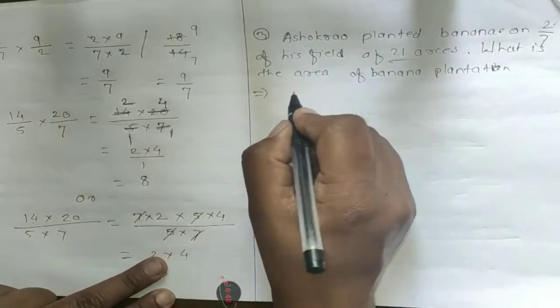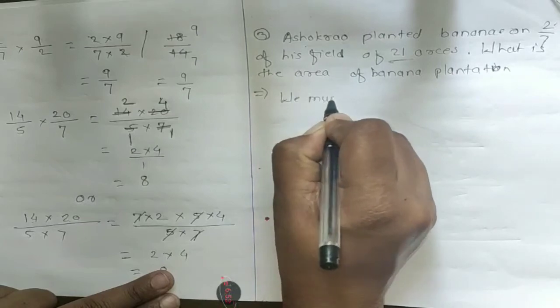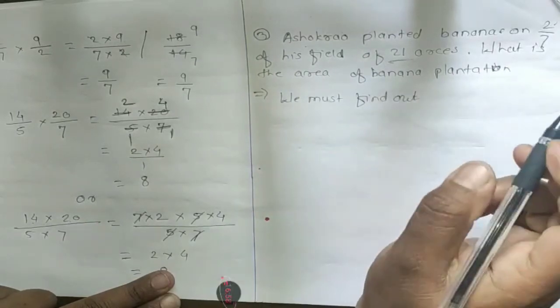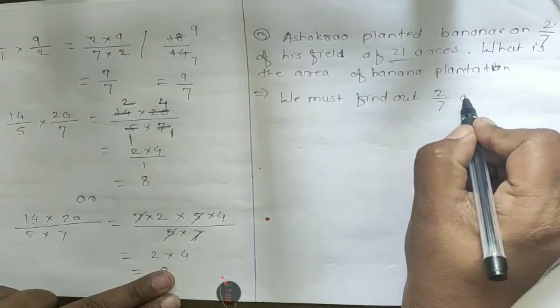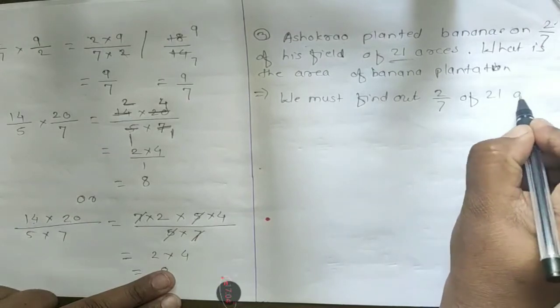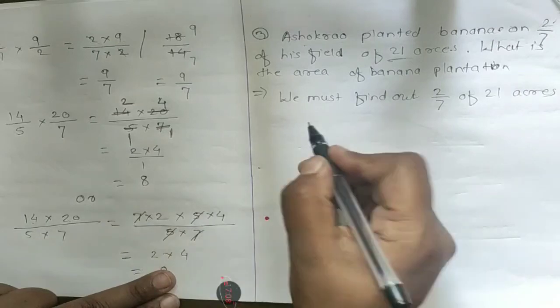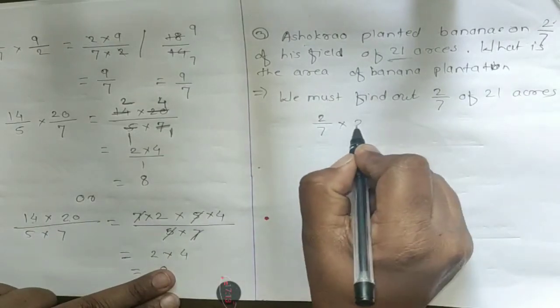So here first of all what will we do? We must find out 2/7 of 21 acres. So here what we have to do? 2/7 into 21.